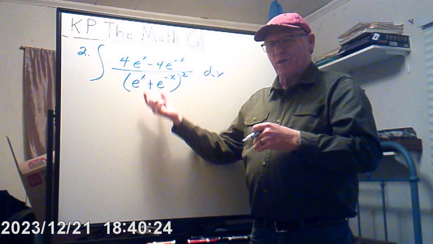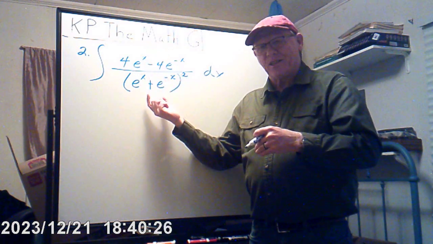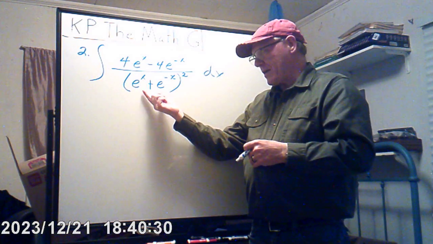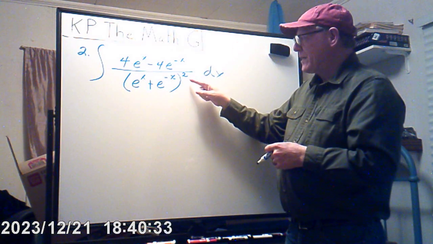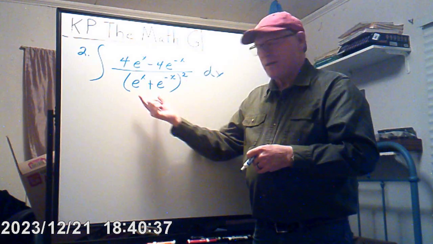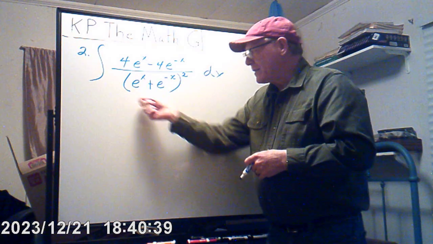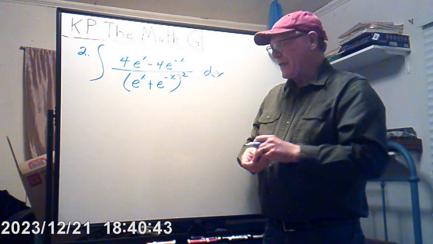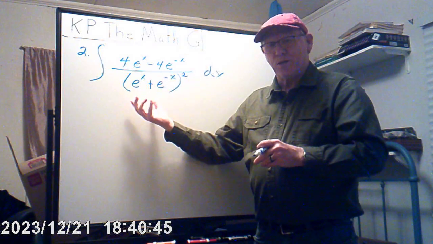Usually when you have a numerator and a denominator, you have the denominator be u. And this has an exponent here. So what did I say last time? Anytime we have a problem with an exponent or a square root or a cube root, or e to that, that's what we're going to let u be.